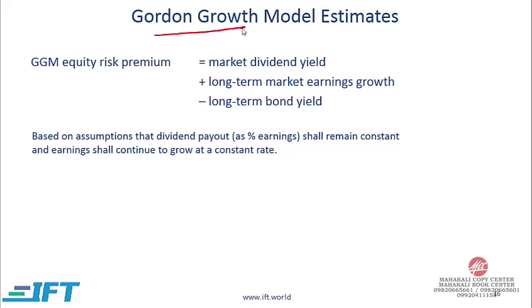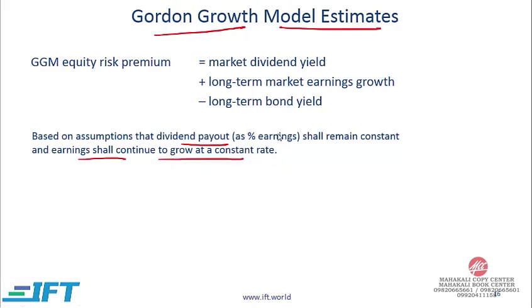So let's start with the Gordon growth model, and I hope this should be easy for you. According to the Gordon growth model, the equity risk premium is the market dividend yield plus the long-term market earnings growth minus the long-term bond yield. This is based on the assumption that the dividend payout as a percentage of earnings shall remain constant and earnings shall also grow at a constant rate.